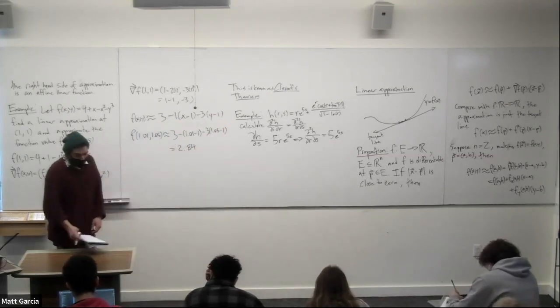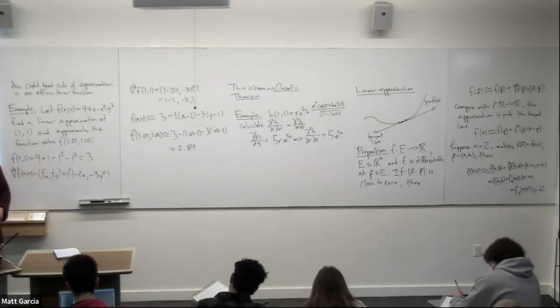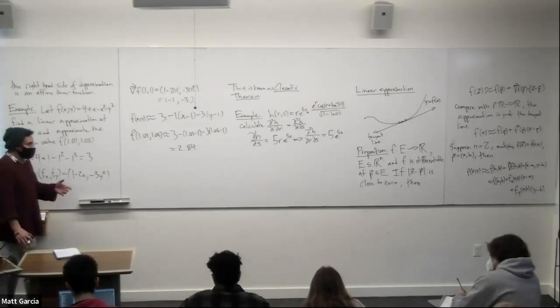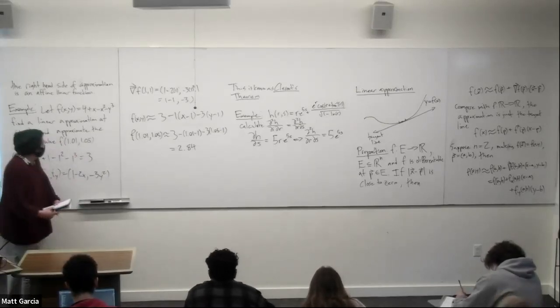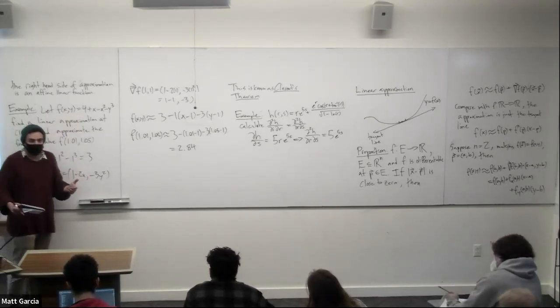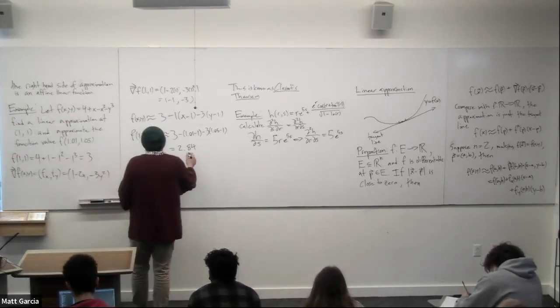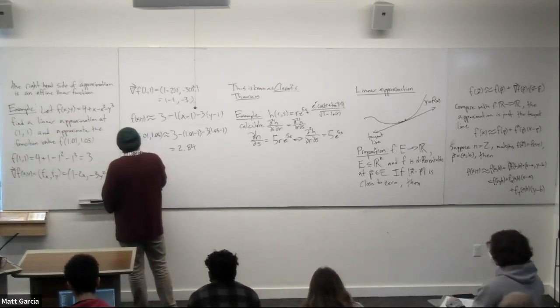So anytime we make an approximation, we would like to know how good of an approximation it is. Well, in a case where we're dealing with a fairly simple function like this, it's not so hard to actually just calculate the value of the function instead of just approximating it. We can tell how far off we are.